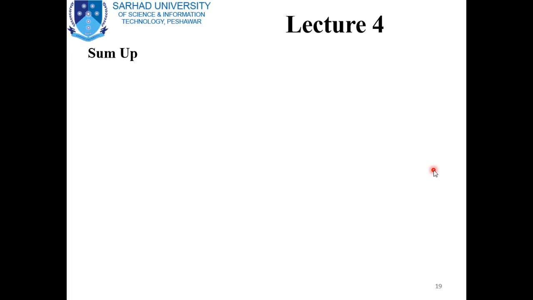So let's sum up what we have learned in lecture number 4. We discussed the three coordinate systems: the Cartesian coordinates, which are also known as rectangular coordinates, the cylindrical coordinate system and the spherical coordinate system.